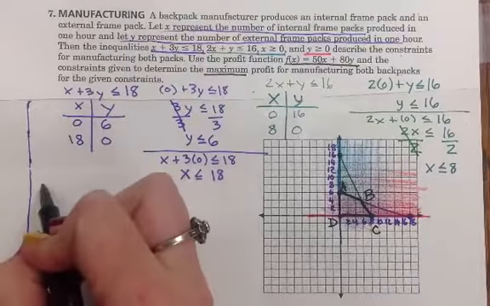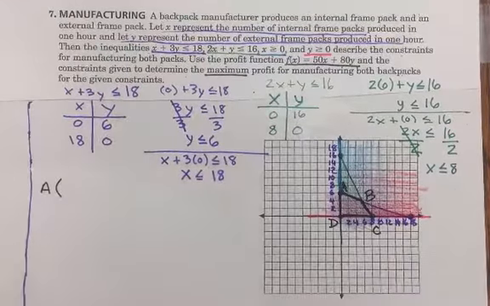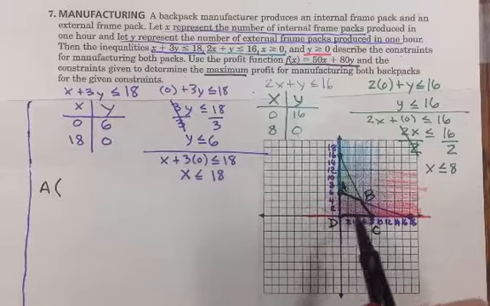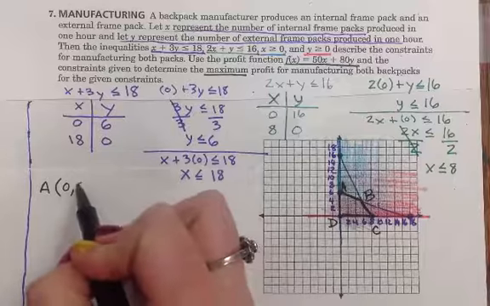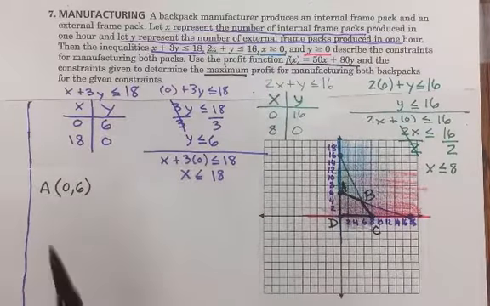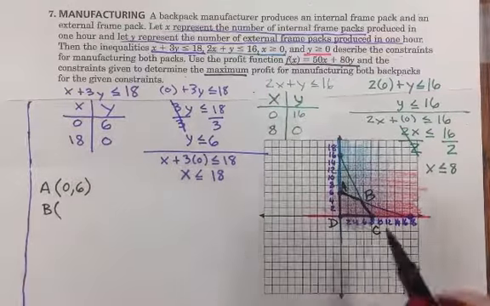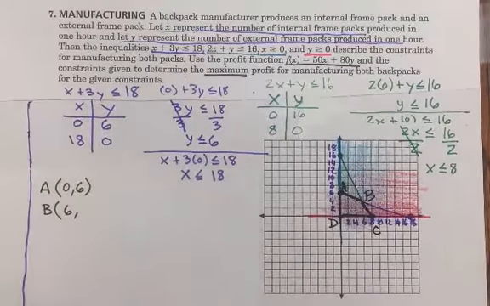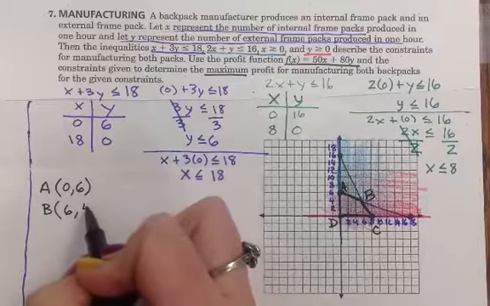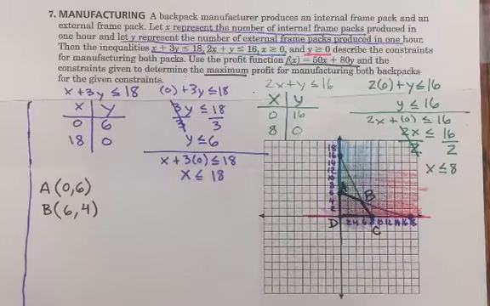Point A is going to be left or right 0, so that's our x value, and we have to go all the way up to positive 6. Point B, we had to go to the right 6, so positive 6, and we had to go up 4, so that's our y value.